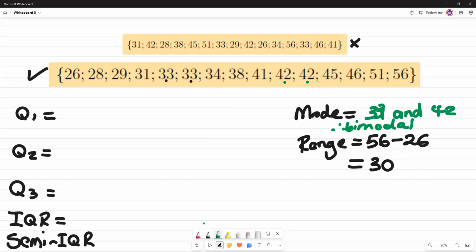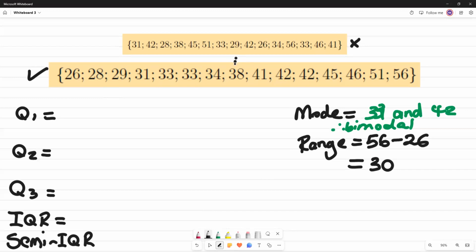Perfect. And then now let's get to quartiles. So to do quartiles, you firstly count how many numbers you have. So 1, 2, 3, 4, 5, 6, 7, 8, 9, 10, 11, 12, 13, 14, 15. So which means to divide it into equal parts, you need to go to 1, 2, 3, 4, 5, 6, 7.